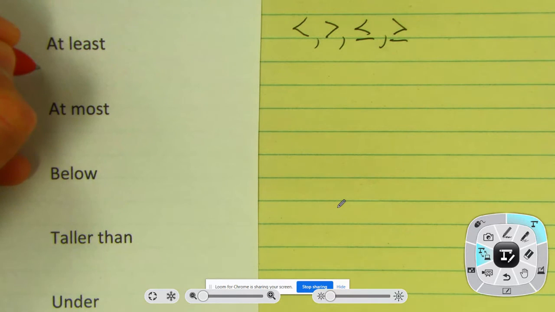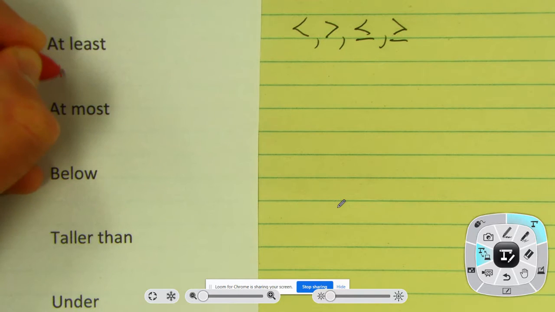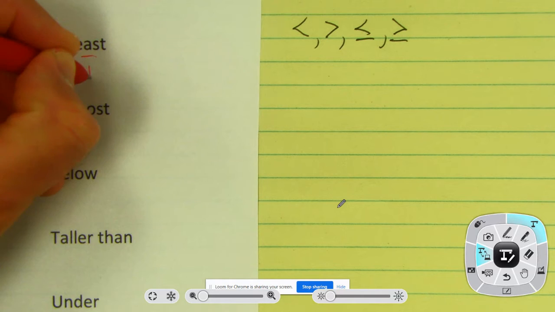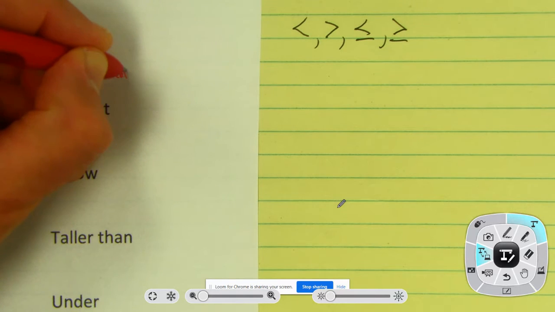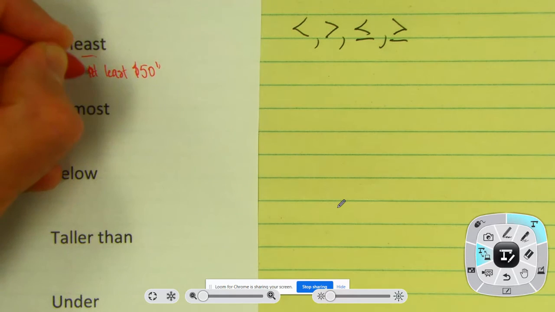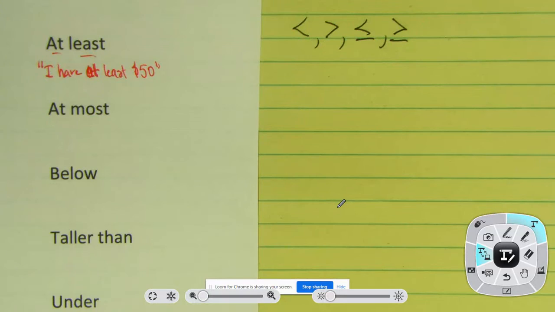And what I will do is I will say, I have, and I'll use these words, at least $50. Think about that. I have at least $50. Now, what does that mean? Well, that means a couple things. First of all, it means I have $50, or I could have more than $50, couldn't I?